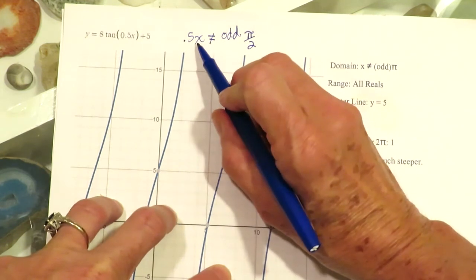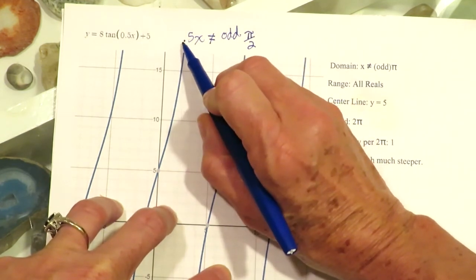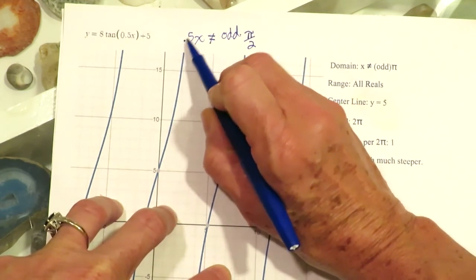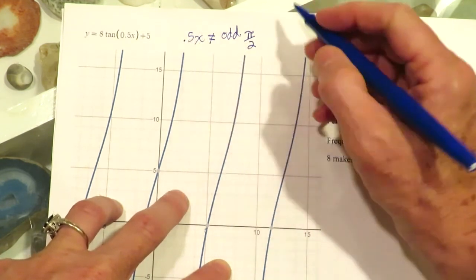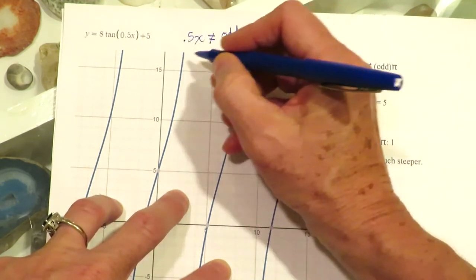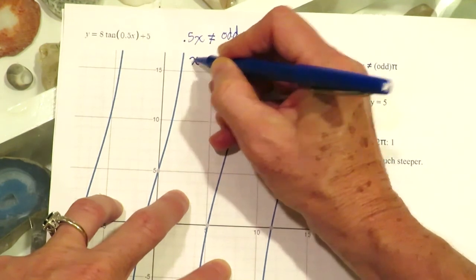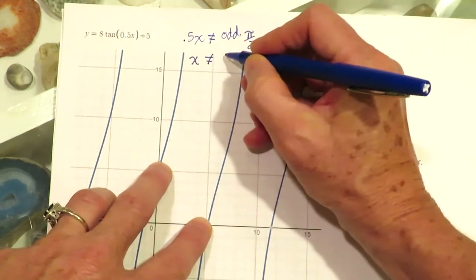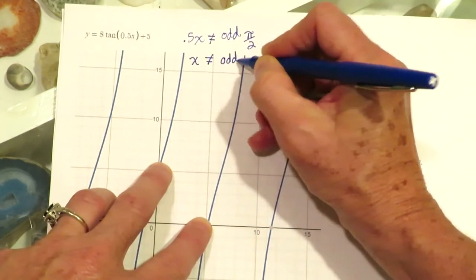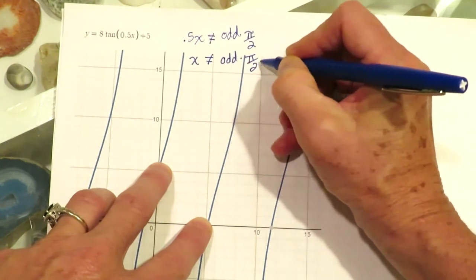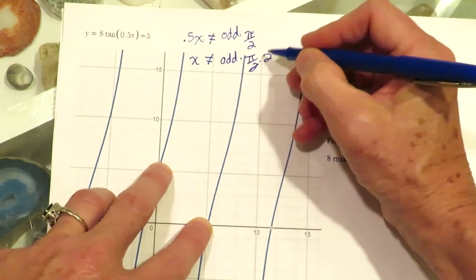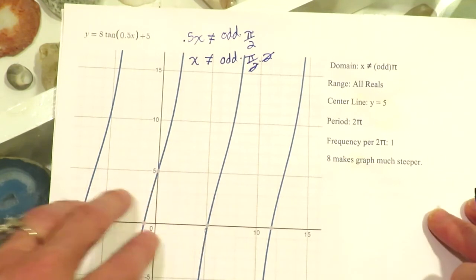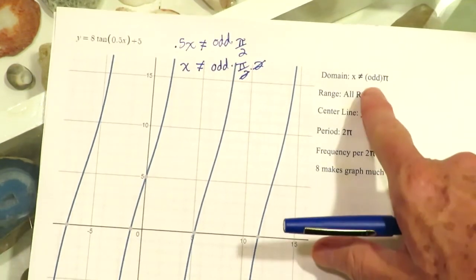So if I solve that for x, I want to multiply by 2 to cancel multiplying by 0.5. And so if I multiply both sides of this by 2, I will get x not equal to odd multiples of pi, because the 2 in the denominator divides out the 2 in the numerator. So that's now my domain.